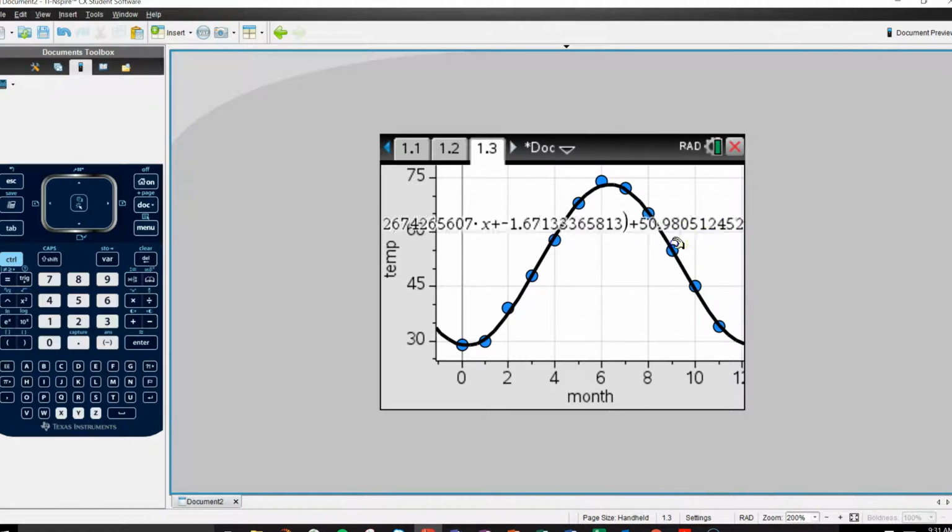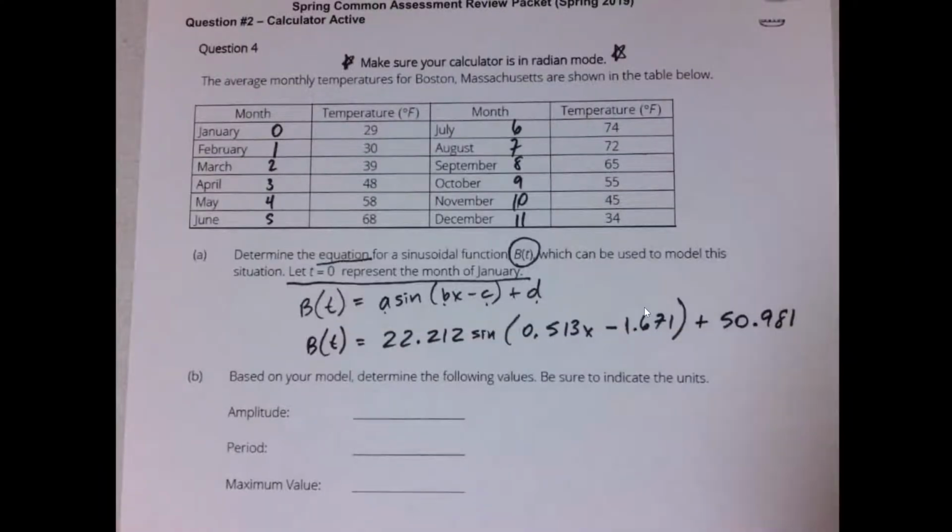Okay, and then my last value, my D value, plus 50.981. Okay, so I'll pan back to my document, and you can see the whole function in all its glory. Okay, so that's full credit points right there. The sinusoidal function with all of my parameters rounded to at least 3 decimal places.